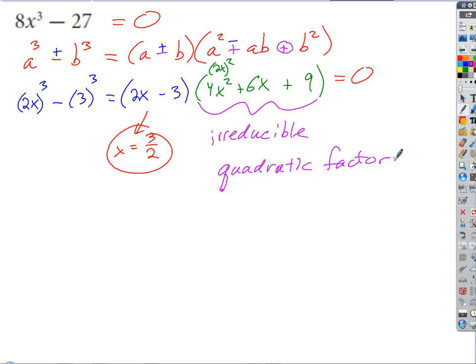What that implies is that it's not going to give us any real solutions. It's always only going to give us imaginary solutions, complex solutions with imaginary parts.